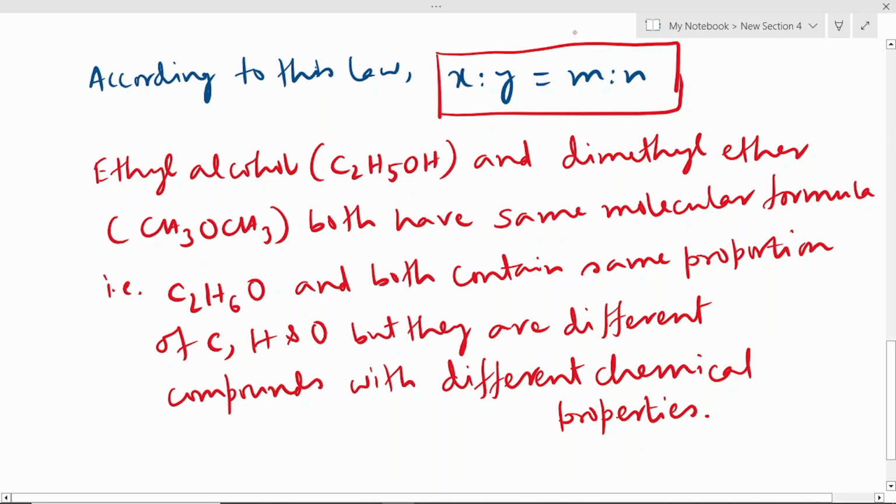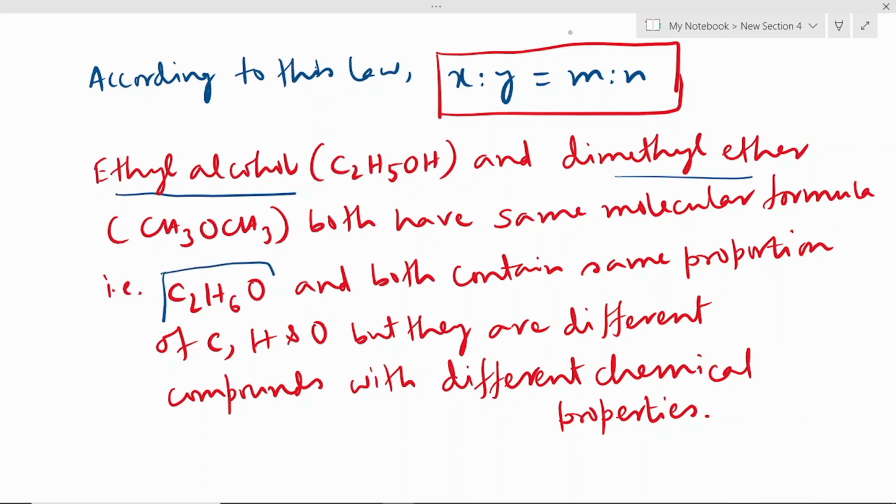So ethyl alcohol and dimethyl ether are the isomers of C2H6O, and both contain the same proportion of carbon, hydrogen and oxygen, but they are different compounds with different chemical properties.